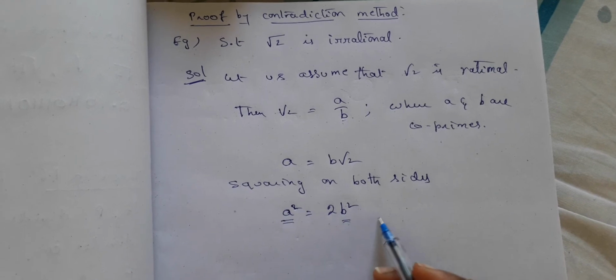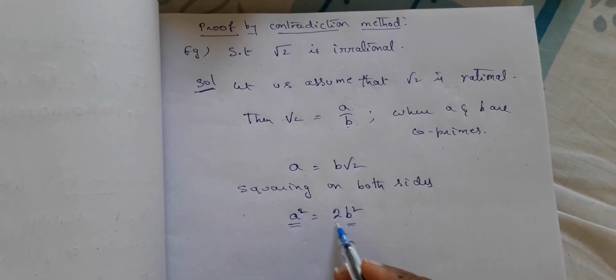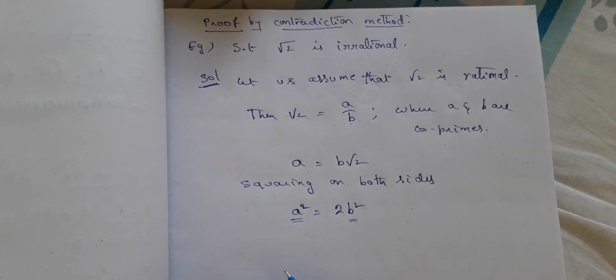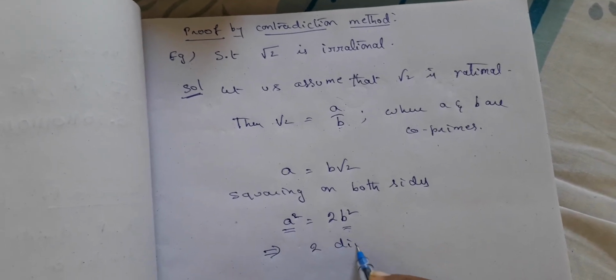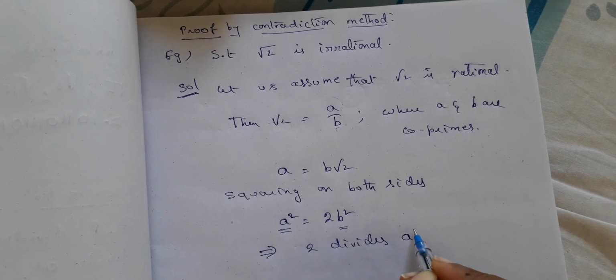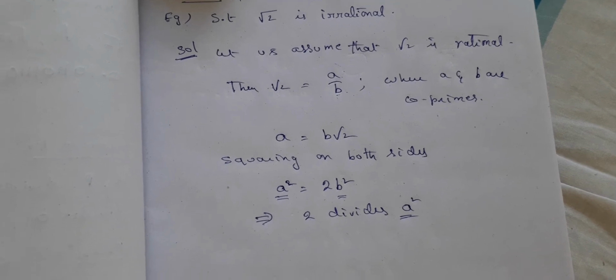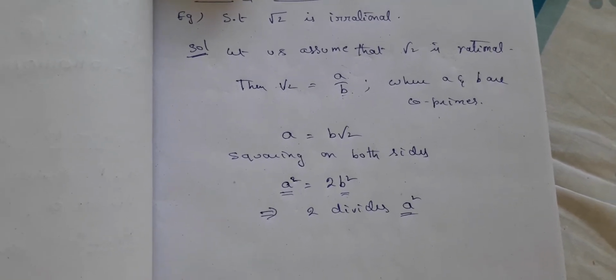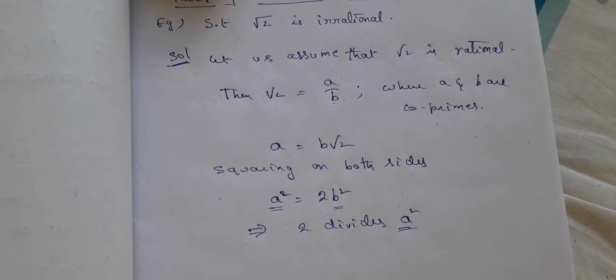When the remainder is 0, it implies that 2 divides a square. So 2 is one of the factors of a square. This is the conclusion from this.